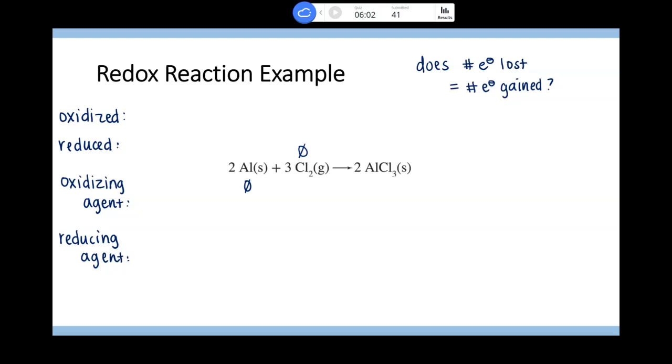We can also apply that as being its oxidation state. So chlorine oxidation state is -1. We have 3 chlorines. We only have 1 aluminum. We need the overall sum of oxidation states to be 0 because this is a neutral compound. So aluminum in aluminum trichloride must have an oxidation state of +3.